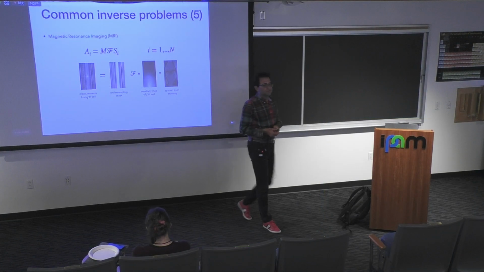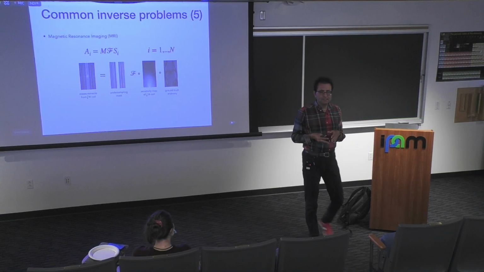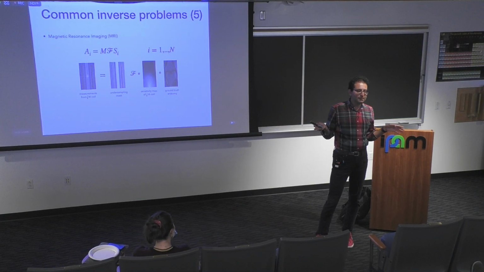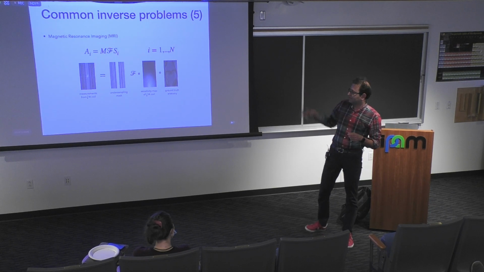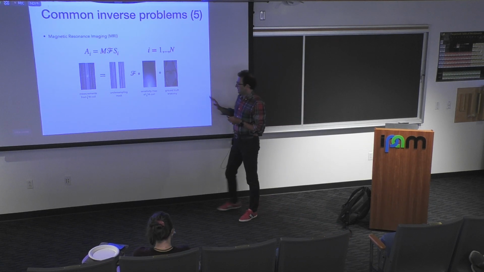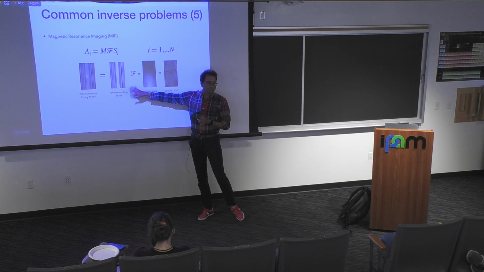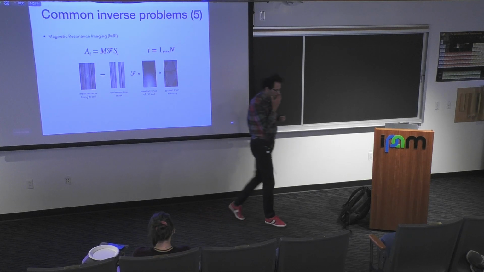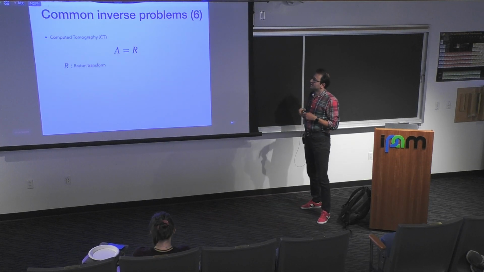The reason for that is that you do not want to stick the patient in the magnet for a very long time. So that's why you have to subsample this Fourier domain. There are coil sensitivities, then there is the Fourier transform, and then you get a bunch of measurements like this. So this is another class.